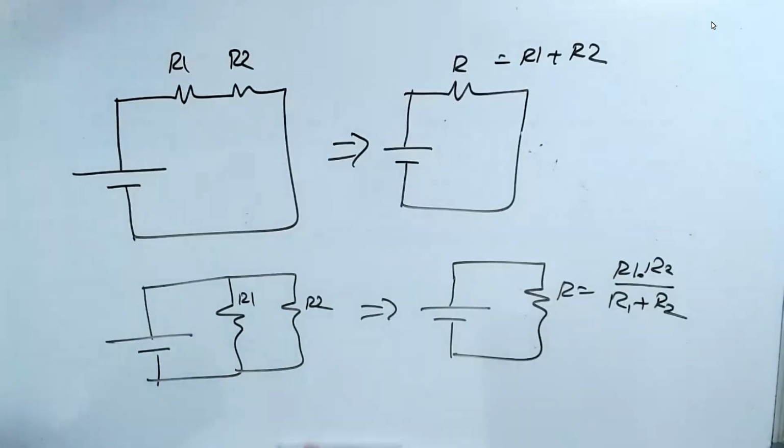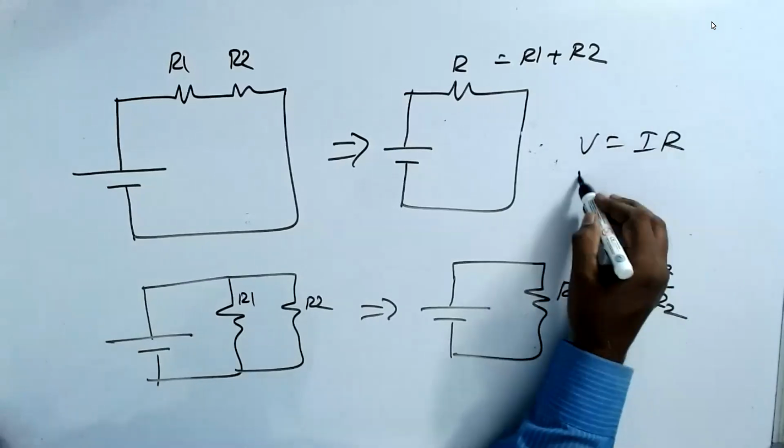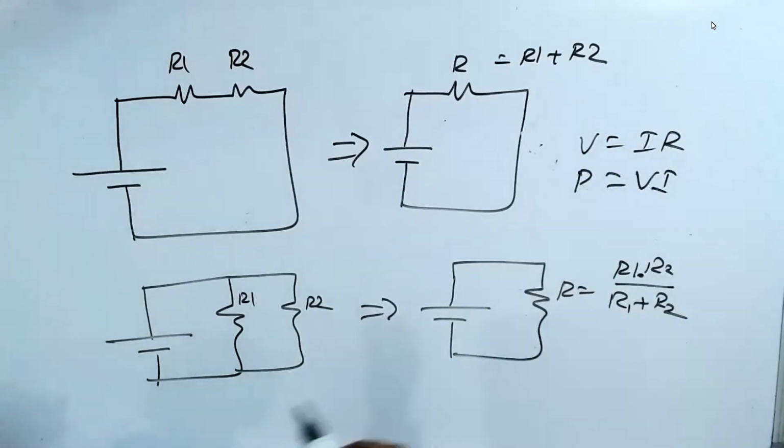Enough. You will do wonders with this. If you are able to do these two formulas, enough. That is, totally we have to remember V is equal to IR, P is equal to VI, and these two.